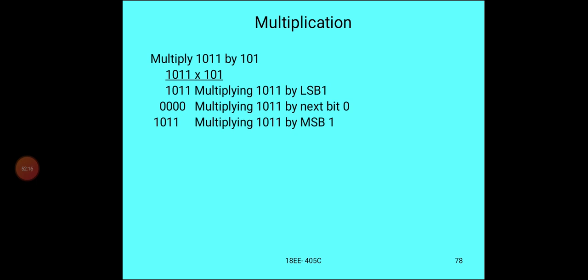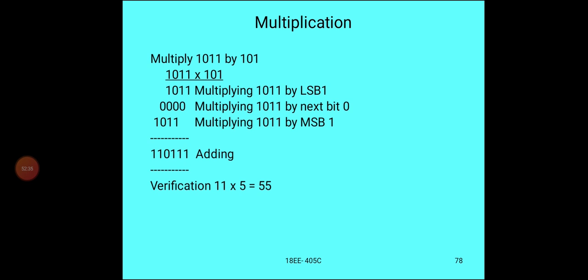Multiplying 1011 by the MSB value 1 will get 1011. Adding all three numbers, the answer is 110111.